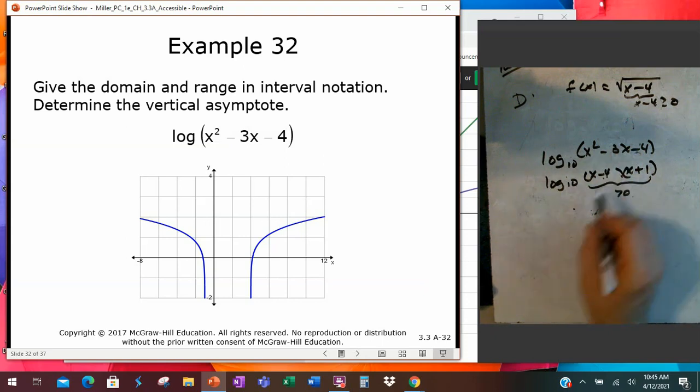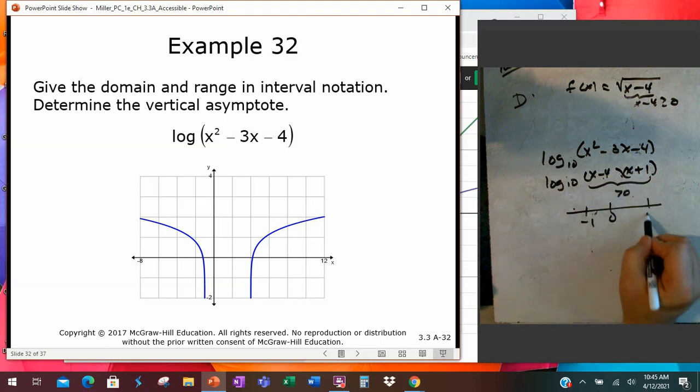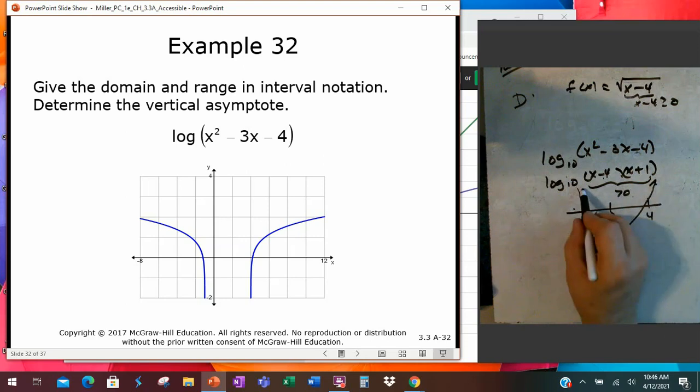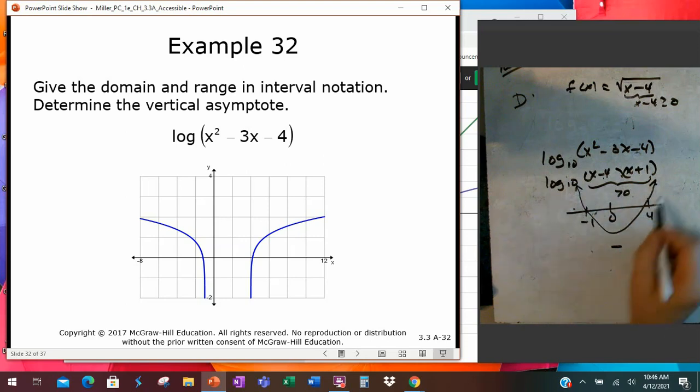So here I set each one of these equal to 0. There's 0. Here's 4. This is a parabola that opens up. This has to be the negative, and that has to be the positive. These are the zeros.